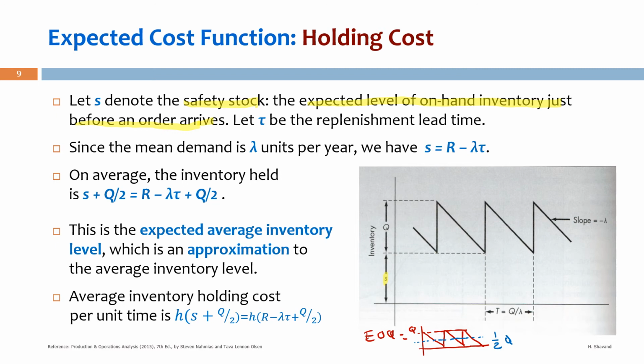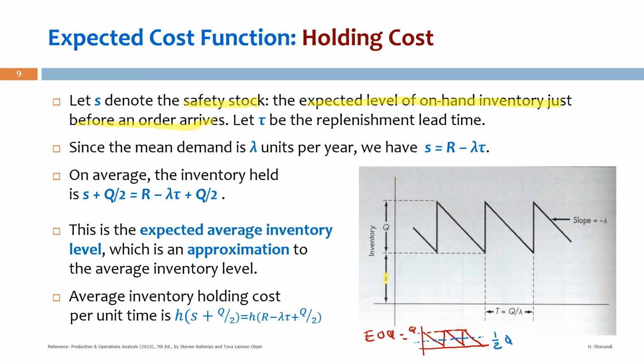Because of the uncertainty on demand and risk of being short, we need to have more inventory level. And the excess inventory level here that we have compared to the EOQ is called safety stock. Okay, so let's see how can we obtain the safety stock.